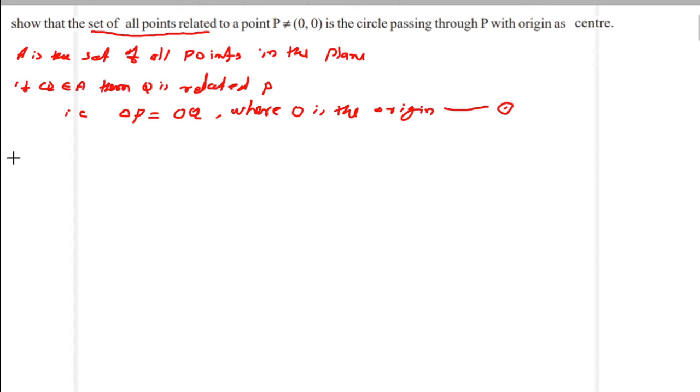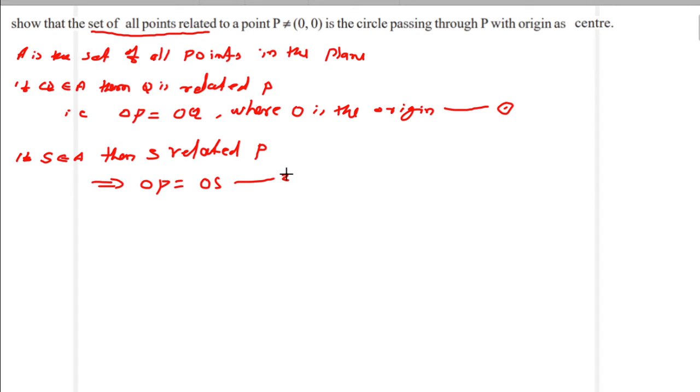Suppose you take another point S that belongs to A, then S is related to P. This implies OP equal to OS.